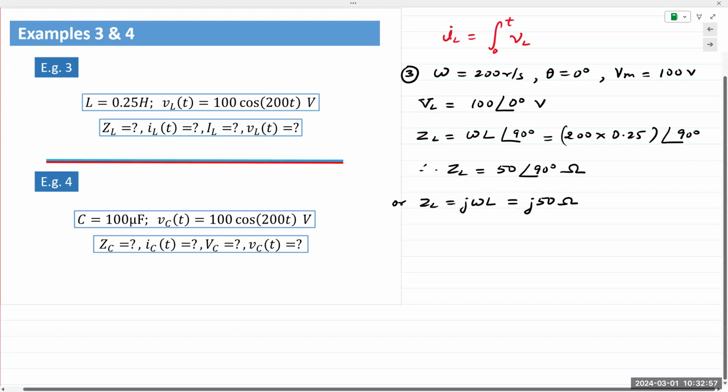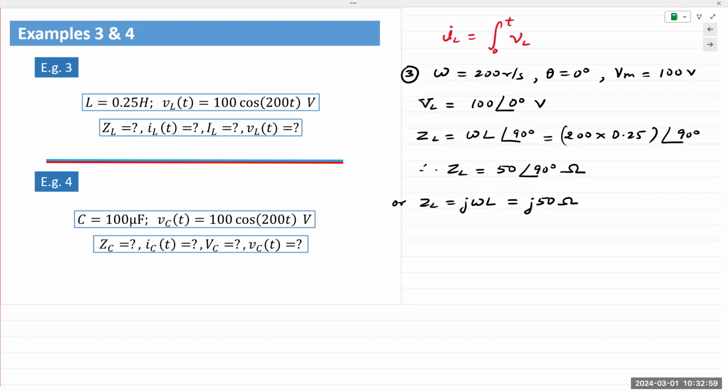We don't need both. We don't need the rectangular coordinates because what we're going to do is V equals IZ. I is equal to V over Z. We're going to perform a division. If you're performing division, it's easier to do in polar coordinates, not rectangular. That's the formula.